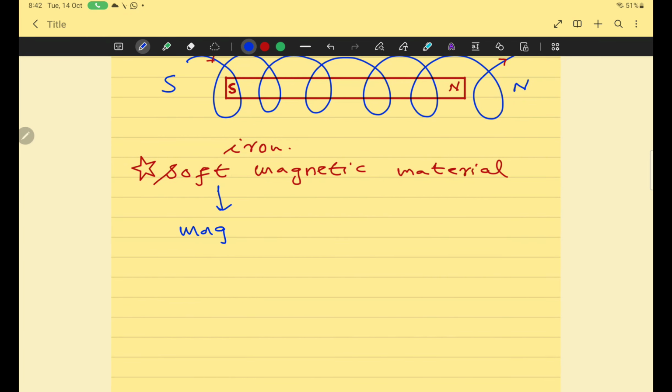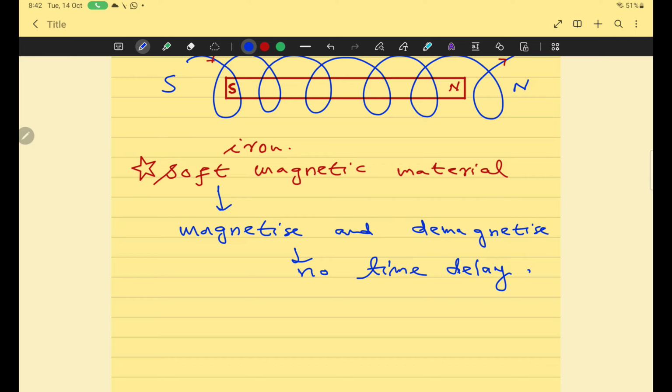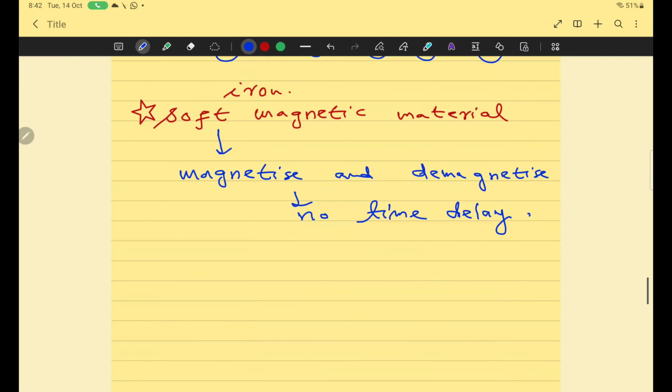So you can say iron is a soft magnetic material. It magnetizes and demagnetizes very quickly with no time delay. It magnetizes as current passes through the solenoid. When you switch off the current, it is demagnetized.